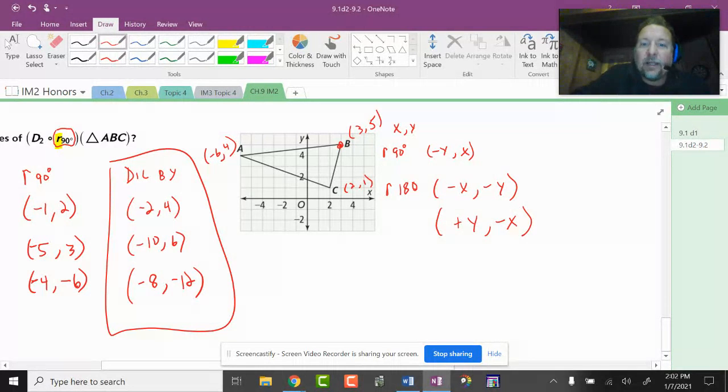So it's kind of related to 90, but you got different signs on there. So let's take this (2, 1). So (2, 1) becomes (1, 2), but I have the opposite on the 2: (1, -2).